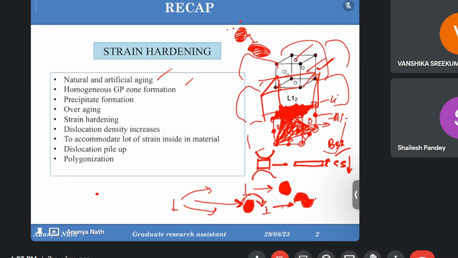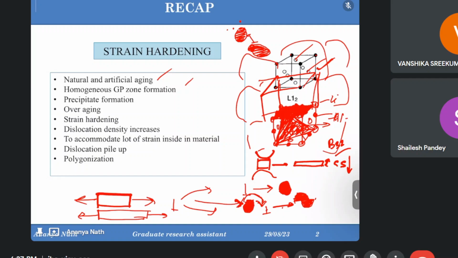Ductility means, if this is a sample and I am pulling it from two sides, and strain is happening inside it, now the length has increased, meaning the dislocations have moved inside the material to accommodate that strain.